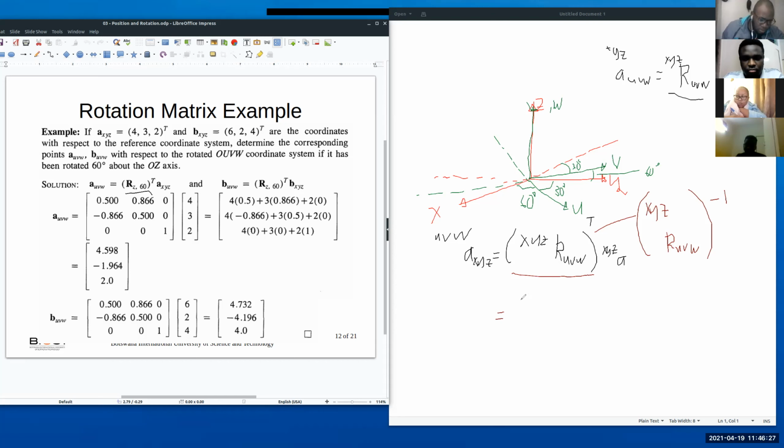So now from X, Y, and Z, you're changing the reference frame to U, V, W. So now you have X, Y, and Z of A multiplied by that matrix, and you will get the resulting A from X, Y, and Z now becomes U, V, W. It's just a very simple computation, but I want you to understand the reason for the transpose is because we are using exactly the same rotation matrix, but we are flipping the reference frame.